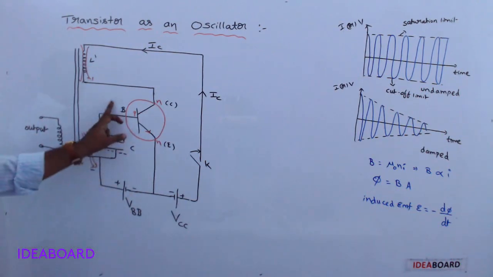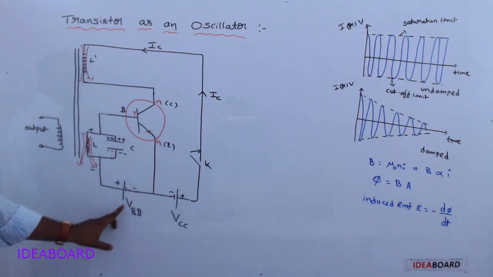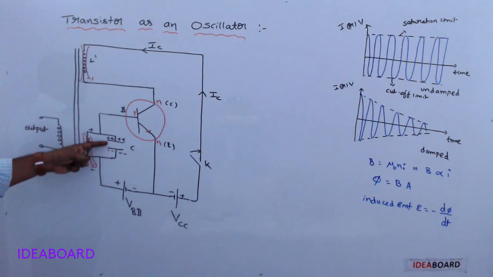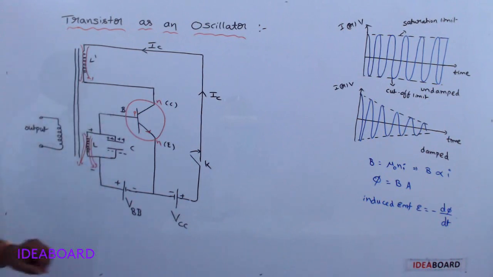In between base and emitter, the input is always in forward bias, right? Now the capacitor also gives a positive potential. This is positive potential, this is also positive.